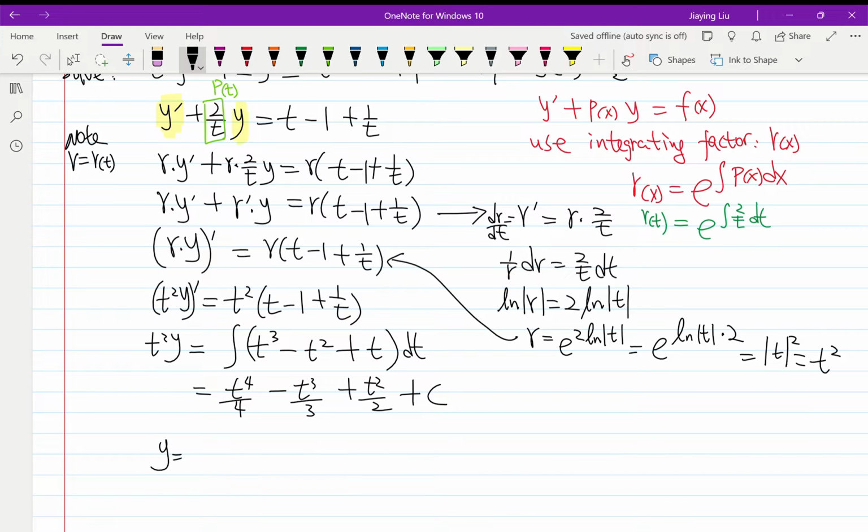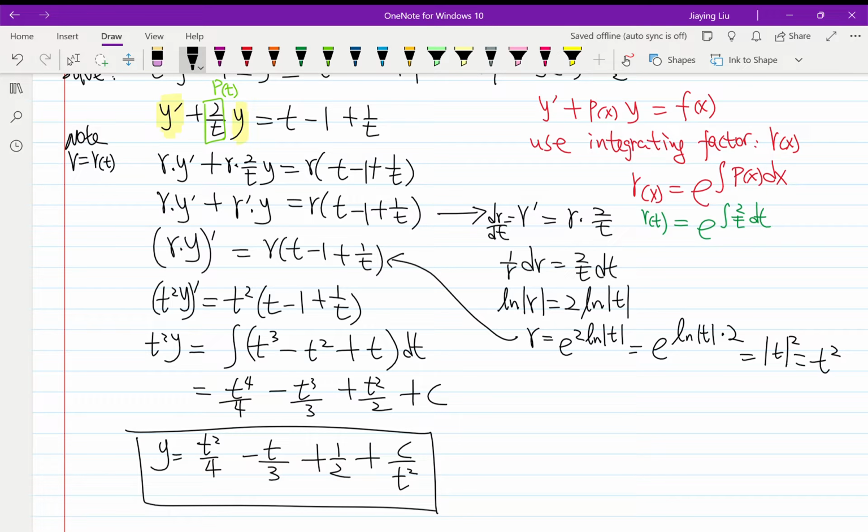So y equals t squared over 4 minus t over 3 plus 1/2 plus c over t squared. This is the general solution with the constant c.